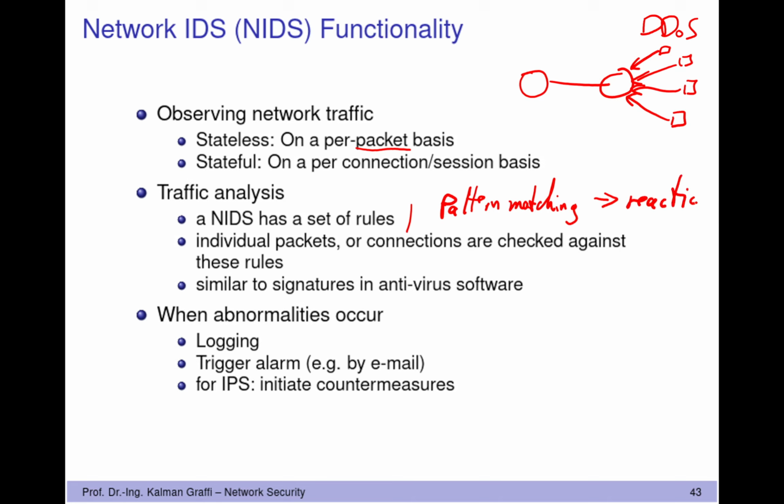This is some generic model to describe this. Packets and connections are checked against these rules. We will also have some examples. I also have the list of up-to-date rules that I will show you.